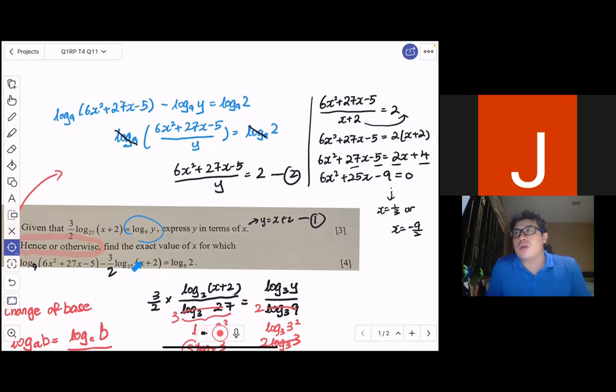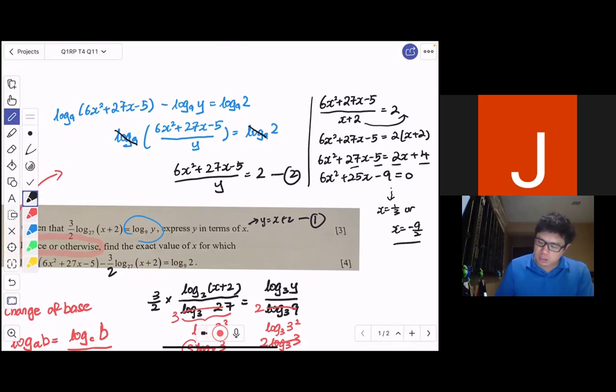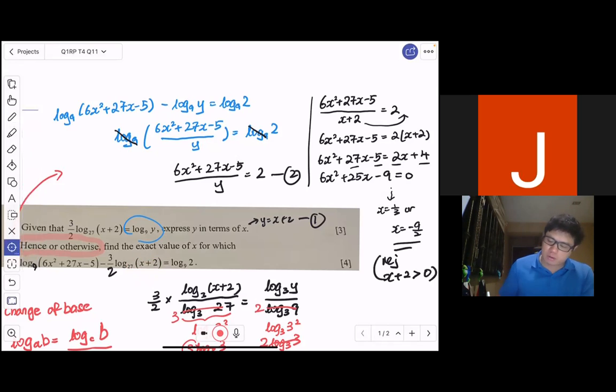Remember that when we do logarithms, the base has to be positive and cannot be 1, and the term inside also has to be positive. So we reject because x plus 2 has to be more than 0. This one will already fail. Thank you.